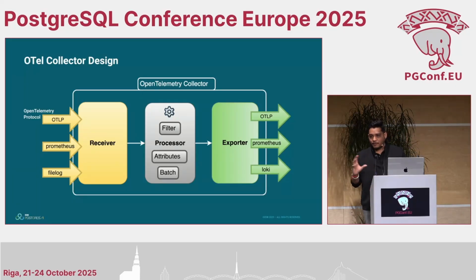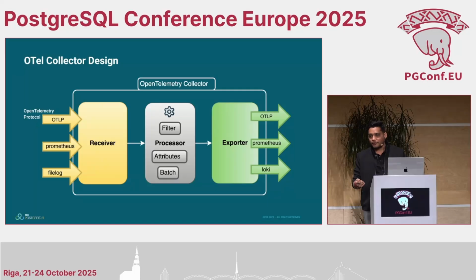It has 3 modules, as I mentioned: receiver, processor, exporter. As the name suggests, the receiver's task is to receive the data. It supports multiple ways to receive data from existing things. If your application is already emitting Prometheus metrics, you can plug it in, and it will receive the Prometheus metrics.